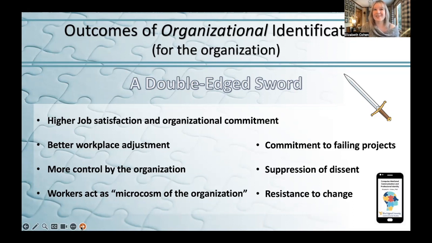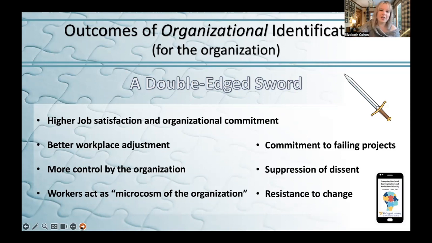And if you want to have the perspective of a manager, it also gives the organization more control. If the people underneath are identifying with the organization, it can do more of what it wants because there's support for the organization. And workers are more likely to work, and direct quote, as a microcosm of the organization because they feel they are it. We are part of the organization.